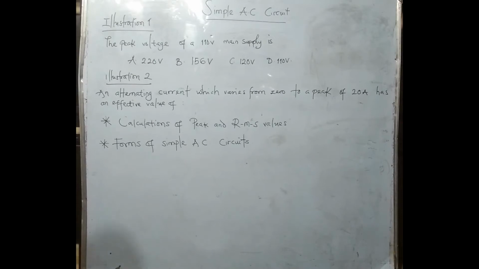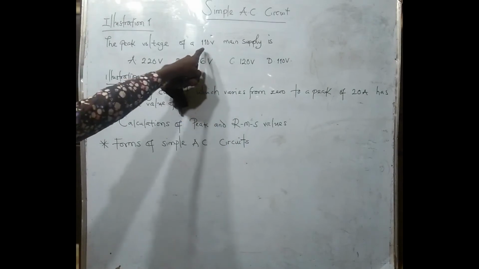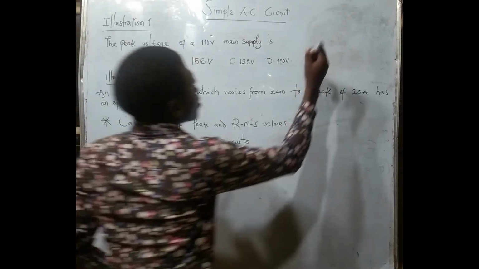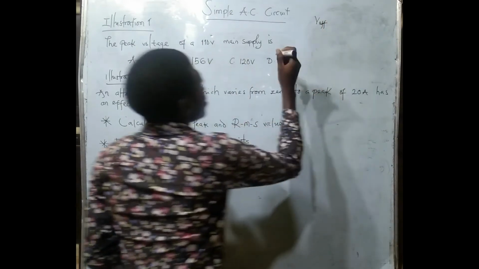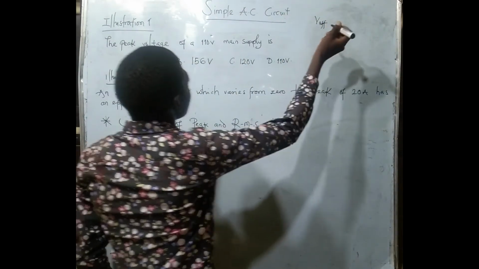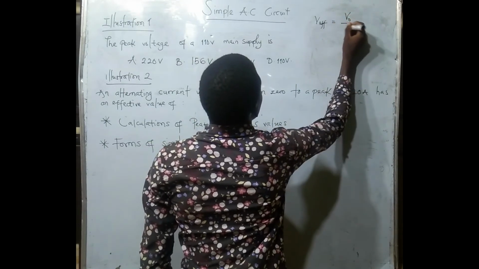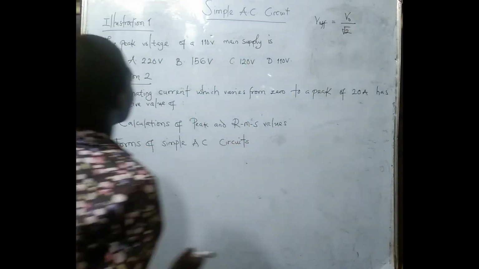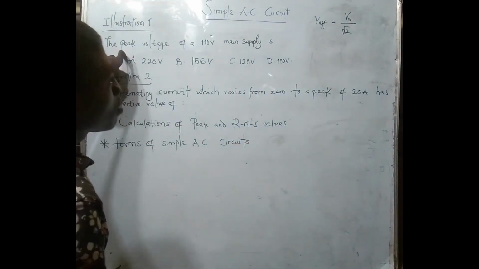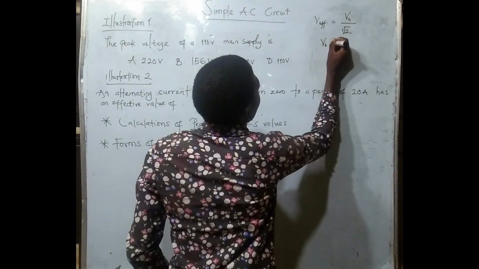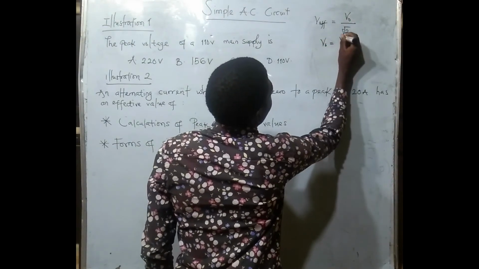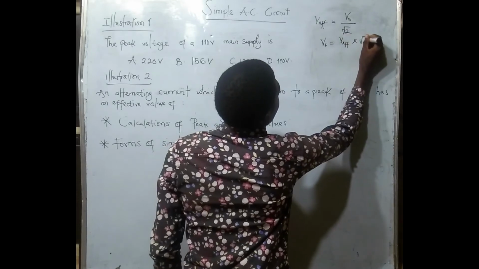The first one states that the peak voltage of a 110 V mains supply is, so in the question we can see that what we are given is the effective value of the voltage, that's the VRMS. And we know that the relationship between the effective value or the VRMS and the peak voltage is the peak voltage all over square root of 2. Since what we are looking for in this case is the peak voltage, we make it the subject of the formula and then we cross multiply V effective times root 2.